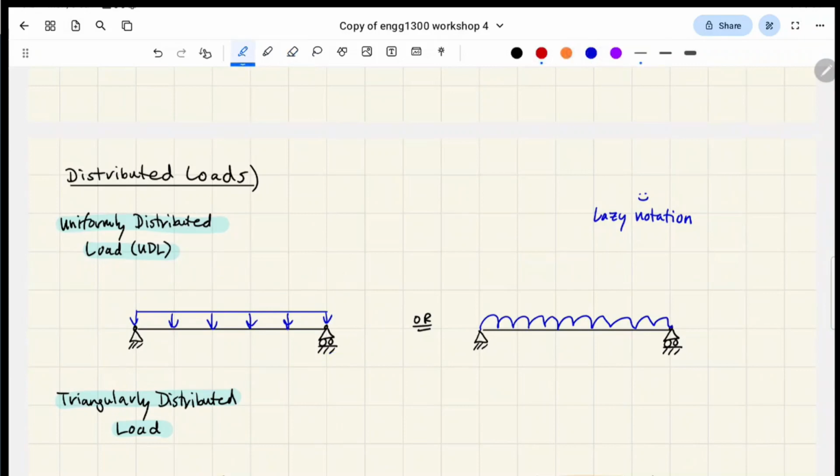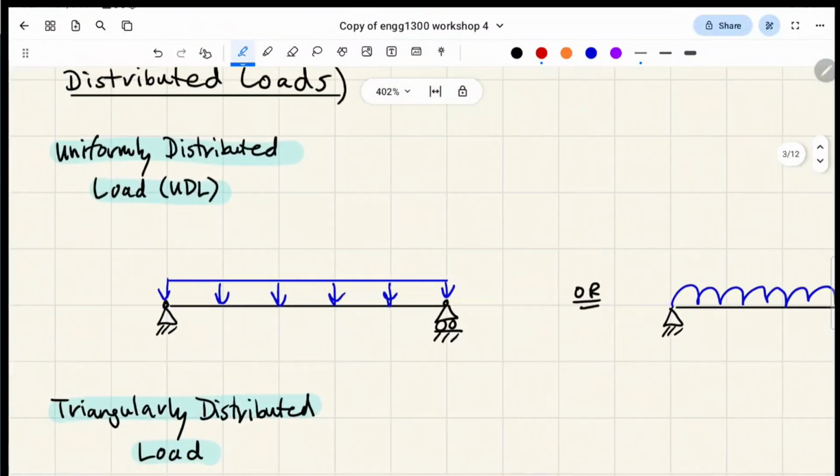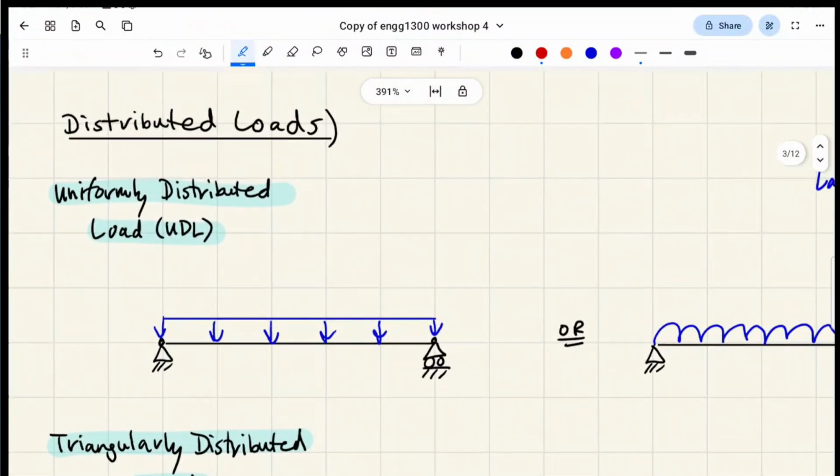And so if we're talking about everything in terms of what I was describing before with a magnitude and a centroid, the properties of a uniformly distributed load are pretty easy to calculate.